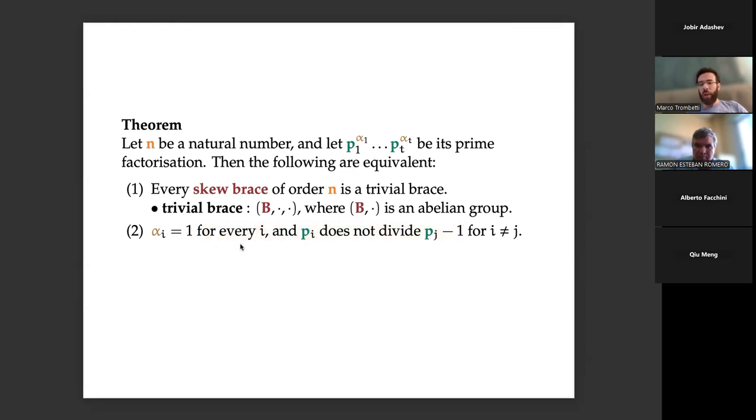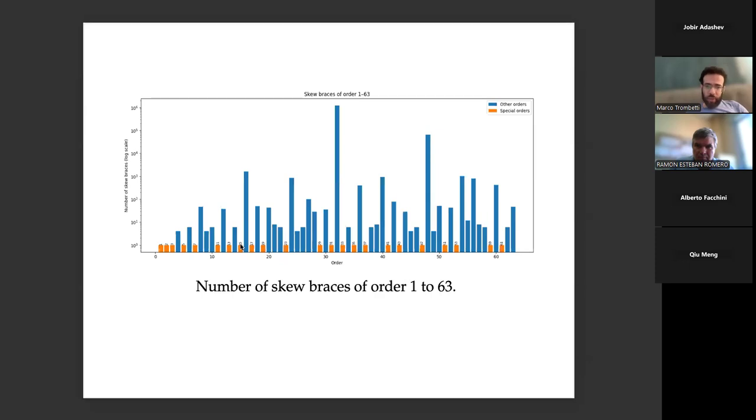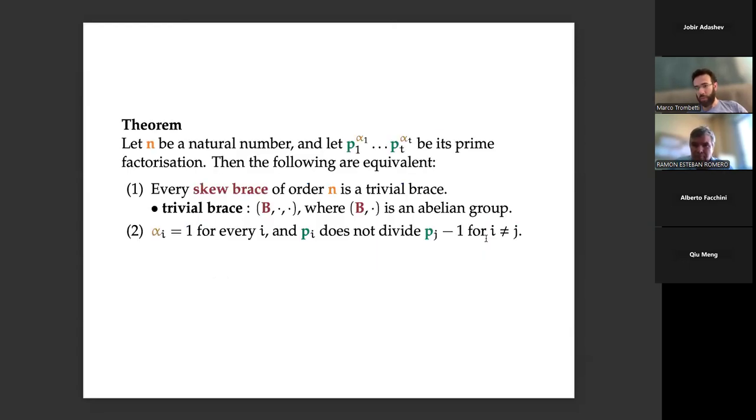For example, you see the number 15 here, and 15 is 3 times 5, and 3 does not divide 5 minus 1, of course, and 5 does not divide 3 minus 1. So 15 does satisfy this condition. And what else?